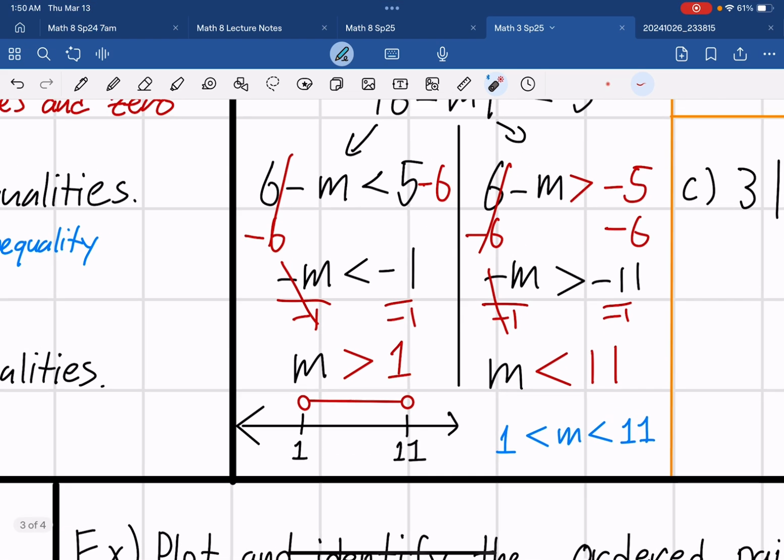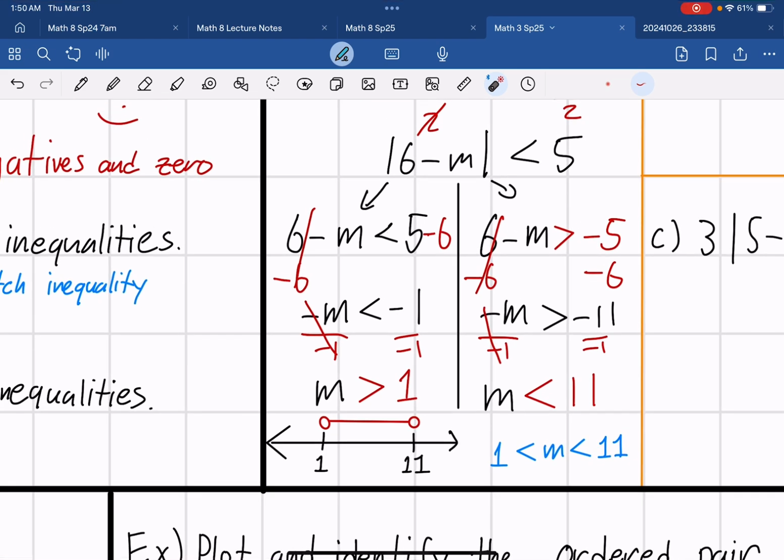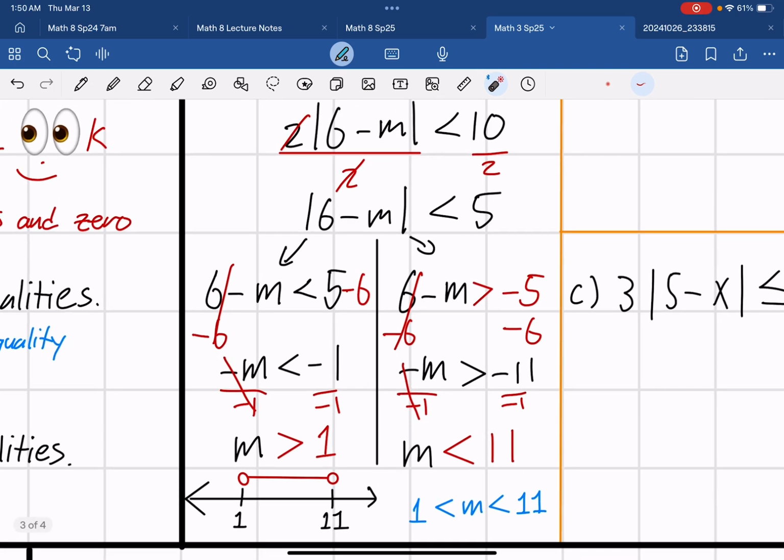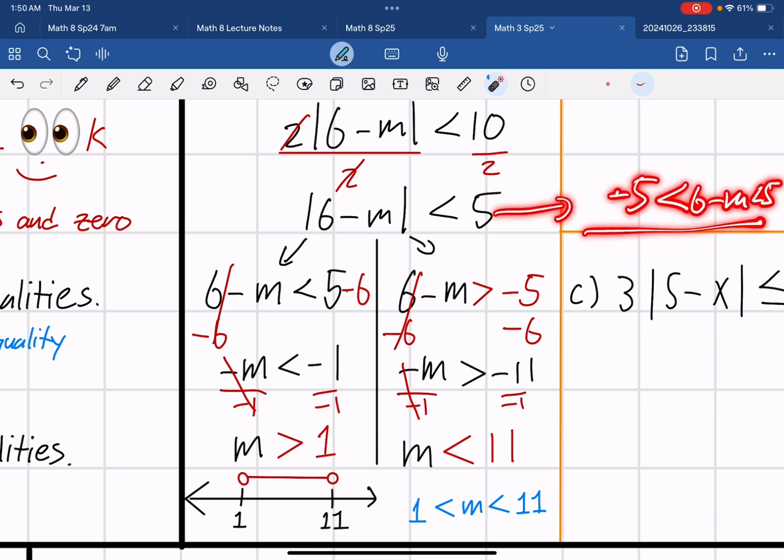And usually, like I said, if you look at a book or a video, sometimes they will have you memorize that because you're looking for something that's smaller than this number, you usually rewrite it into a compound inequality right from the beginning.